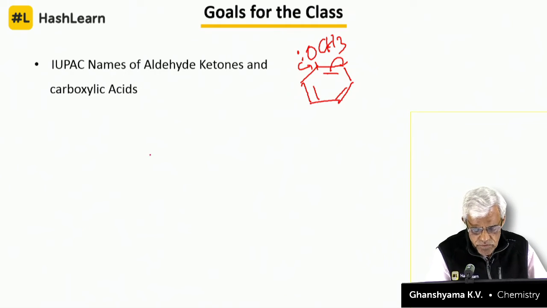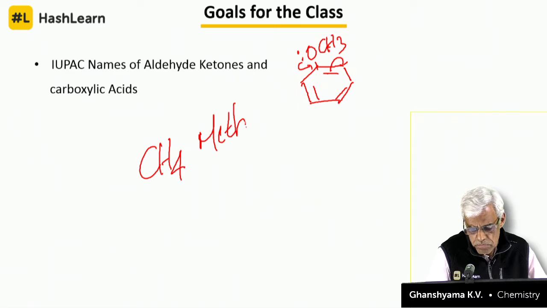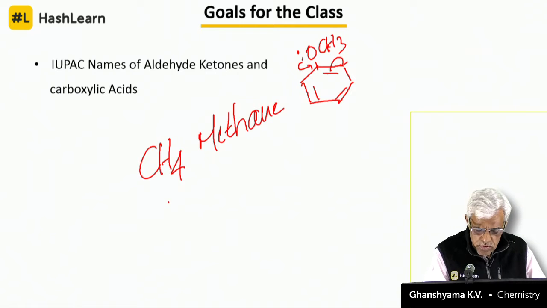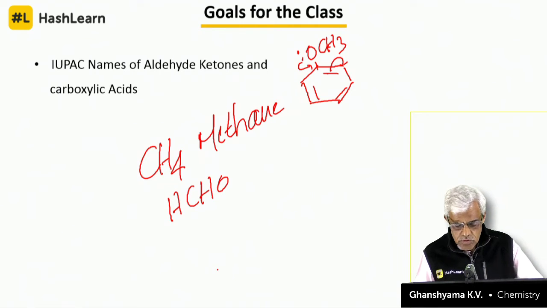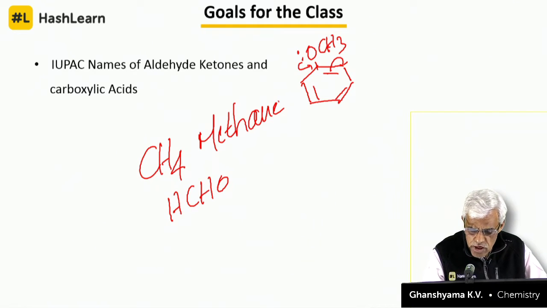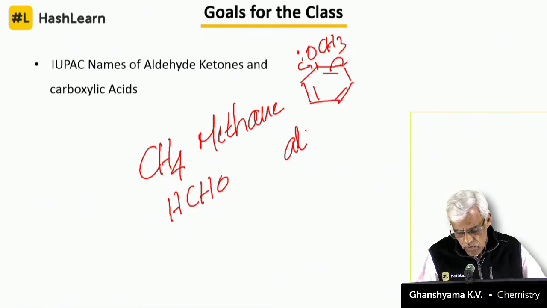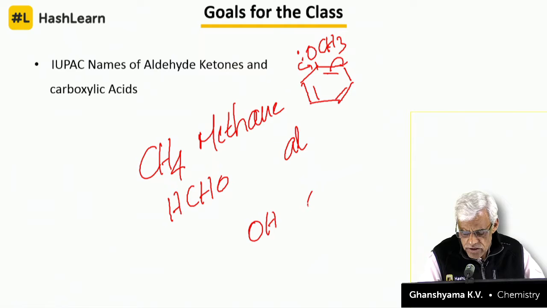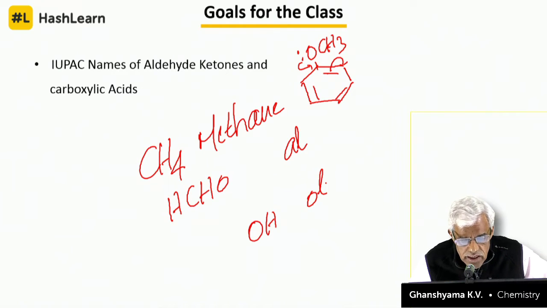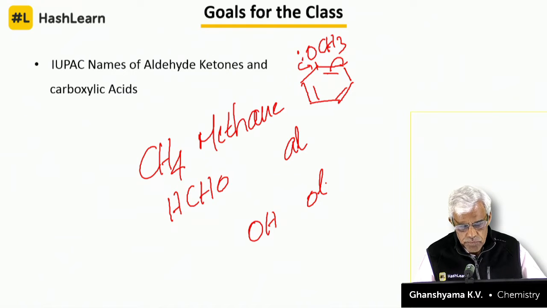So, aldehydes, see CH4 is methane, HCHO. To write the IUPAC name of an aldehyde, remove E and write Al. For alcohol, you were writing OL instead of E, now you write Al for this.